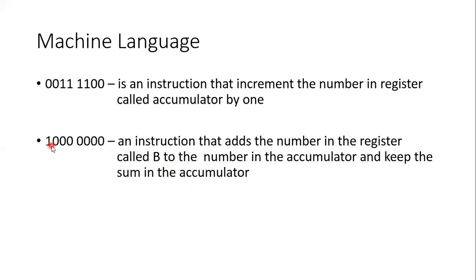That means this 1000 stands for addition, along with this 000 is the register B. Okay, that means add the accumulator value along with the register value, and the result is stored in the register B. So the advantage of machine language is that the machine can accept it directly as binary digits, whereas the disadvantage is that it is machine dependent.